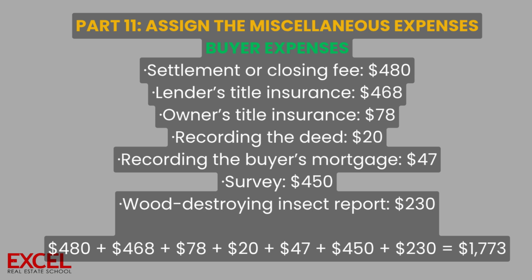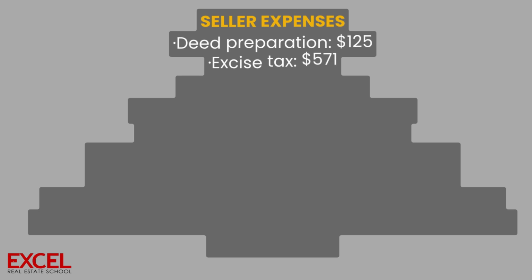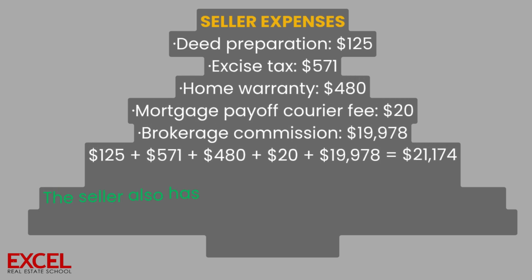Now we're going to do what the seller pays, what the seller expense is. So with the seller expense, we've got deed preparation of $125, excise tax of $571, home warranty $480, mortgage payoff courier fee, that's $20. They got the brokerage commission of $19,978.